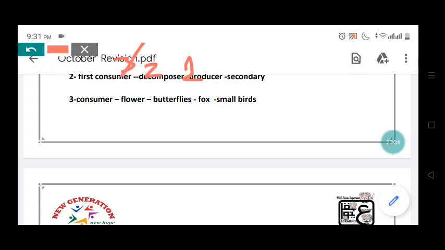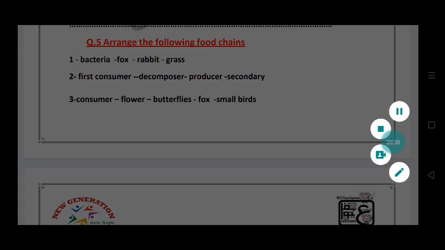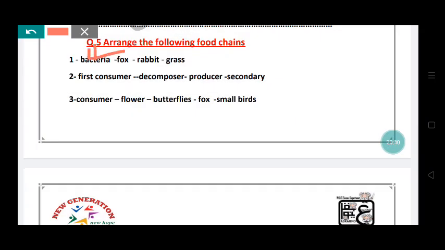Okay. Producer, first consumer, secondary, decomposer. Number 1, producer. Number 2, first consumer, or primary consumer. Number 3, secondary. And number 4, tertiary, decomposers.